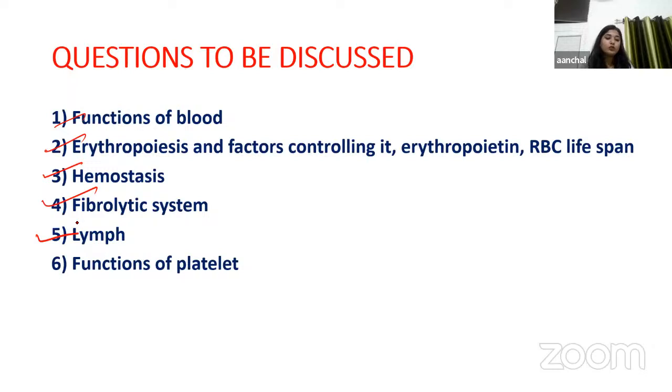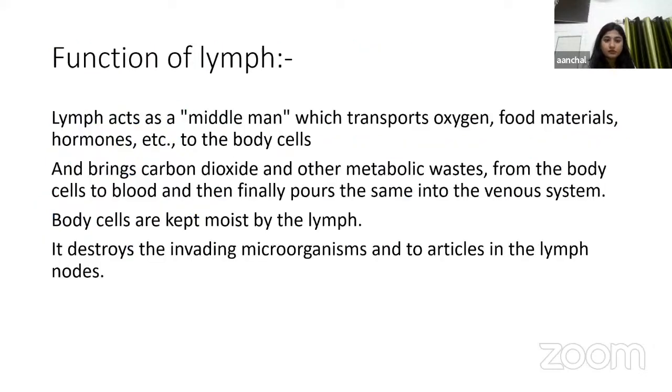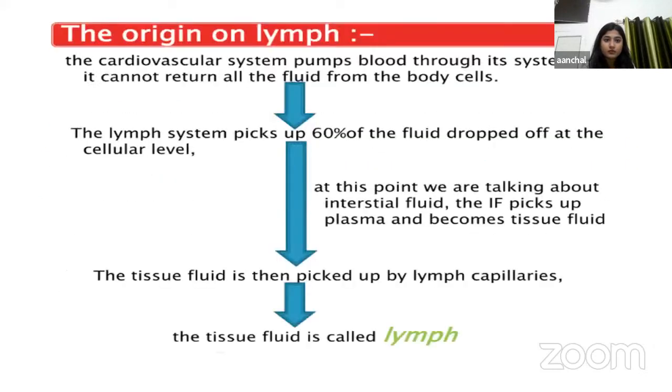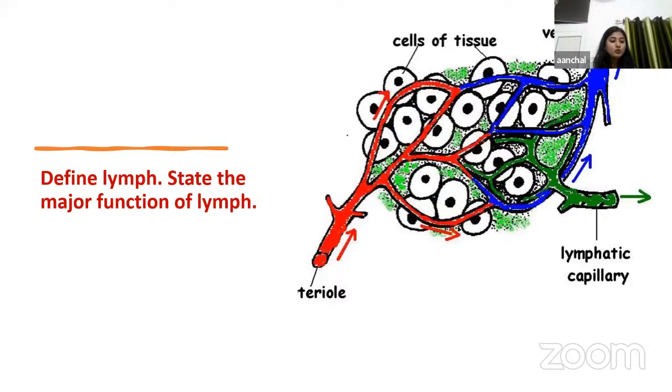What is lymph? Now we're going to understand what lymph is. Lymph is an alkaline, clear fluid that is derived from interstitial fluid and flows to the bloodstream through the lymphatic vessels. Lymphatic vessels are the conducting pathway of lymph.